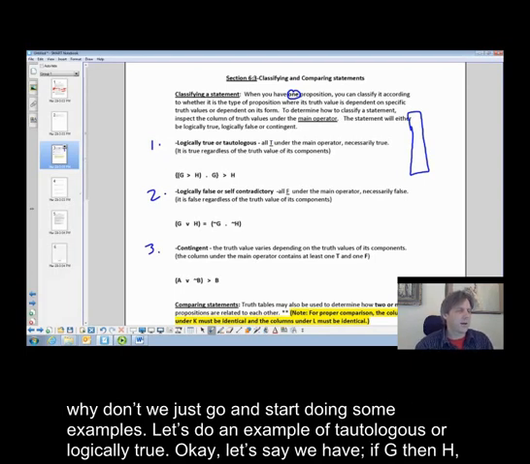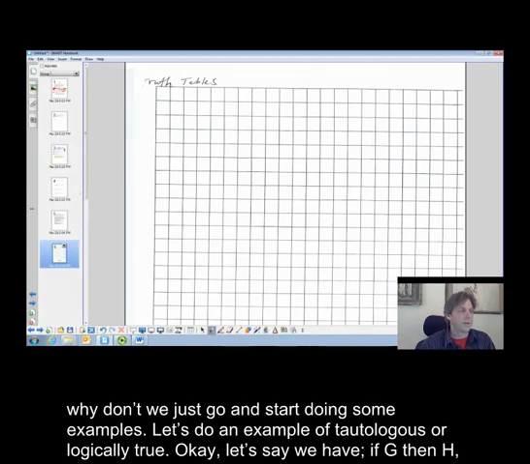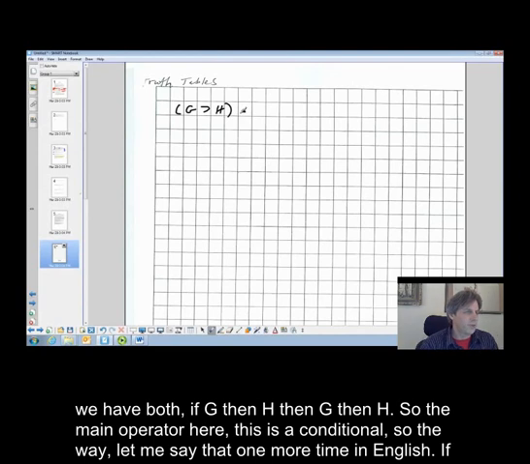Let's do an example of tautologous or logically true. Okay? We'll write this down here. Let's say we have if G, then H, and G, then H. The main operator here is a conditional.